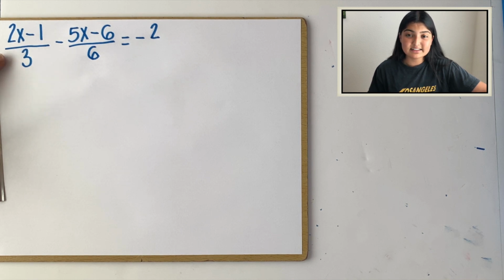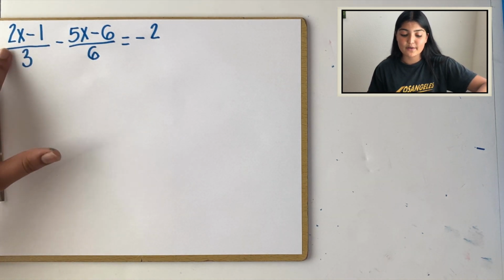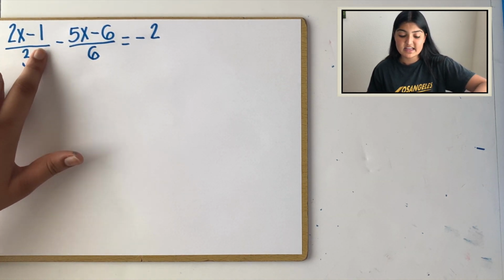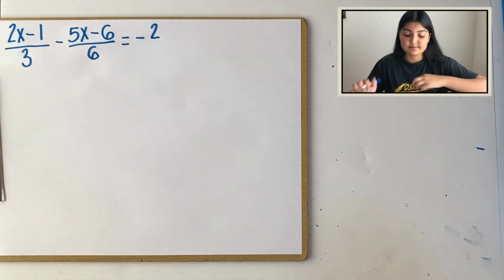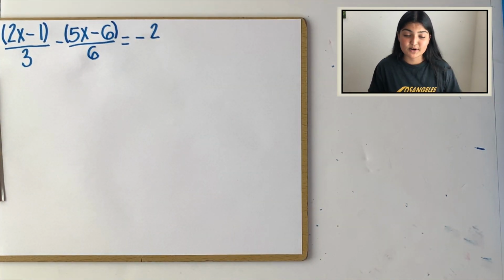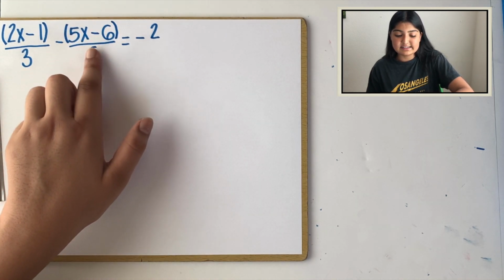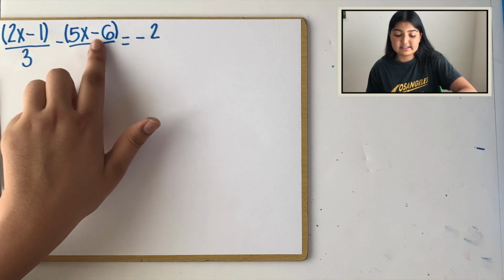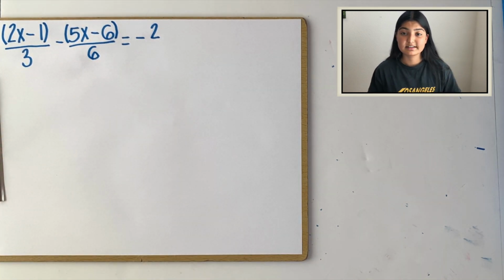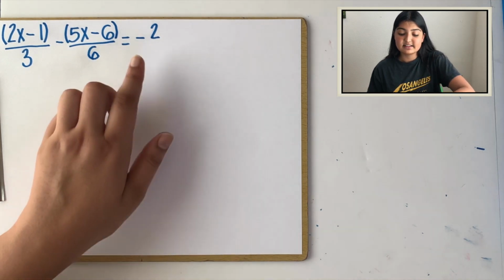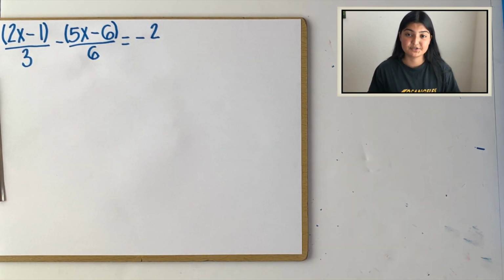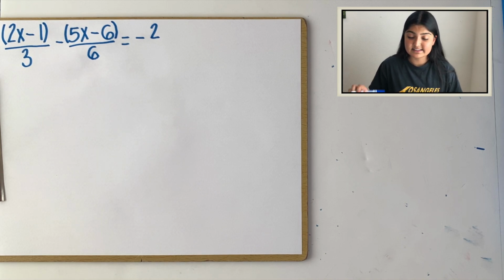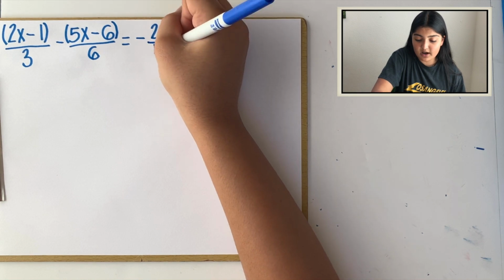Now to make it a little easier, let's put parentheses around 2x minus 1 and 5x minus 6. Remember to consider this as a whole and keep it together. Now, let's write negative 2 in fraction form. So I can write negative 2 as negative 2 over 1.